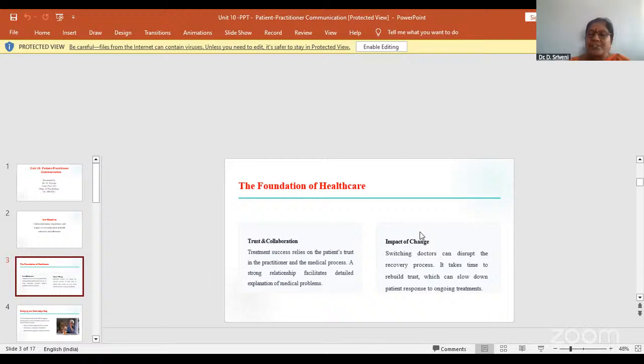So beyond simple instructions, the practitioner's personal style, their warmth, sensitivity, and willingness to involve the patient in planning, heavily influences whether a person continues their treatment. When a practitioner is hurried or talks down to the patient, it can lead to a breakdown in the relationship, causing the patient to procrastinate or stop seeking care altogether.